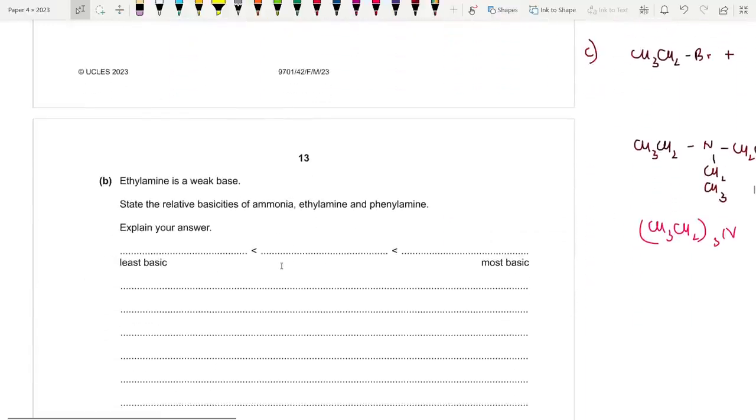Moving on, ethylamine is a weak base. Compare the basicities of ethylamine, ammonia and phenylamine. Ethylamine is the best base, followed by ammonia, and the worst one is phenylamine, aniline. Why though? Basically, the basicity of a base depends on the availability of its lone pair.